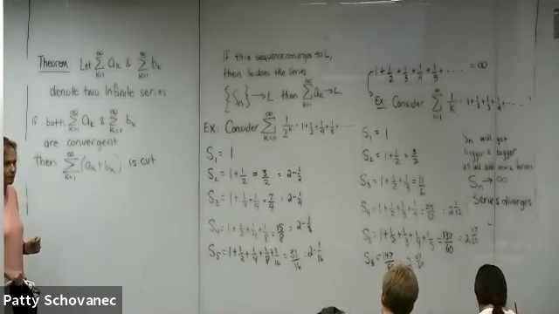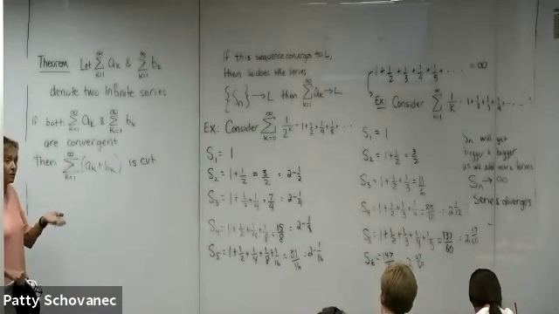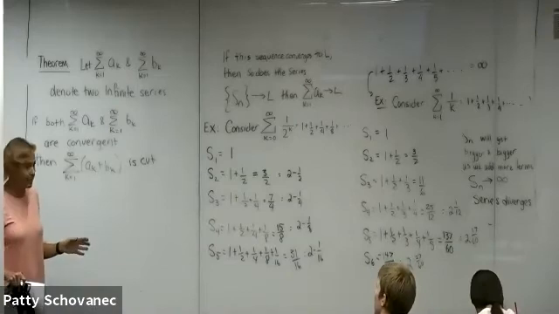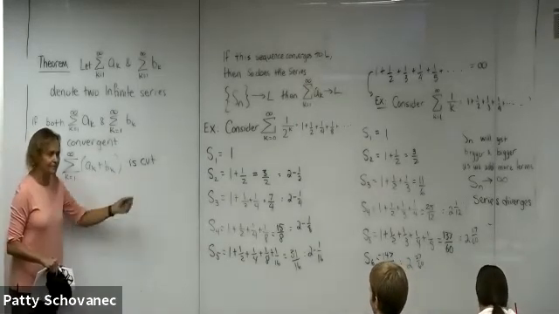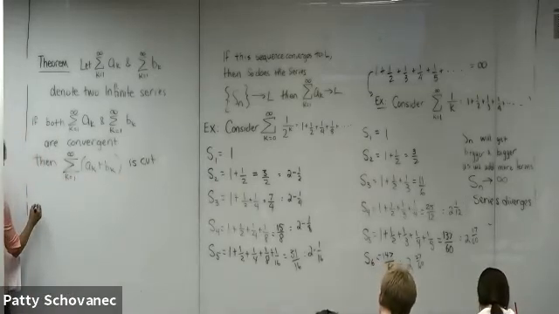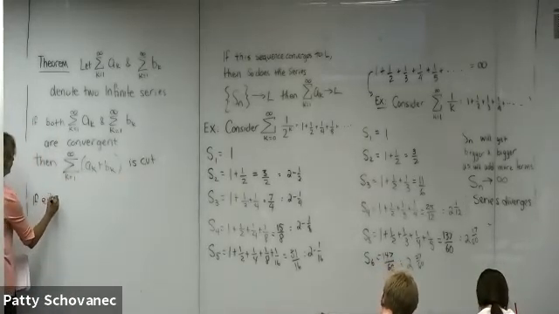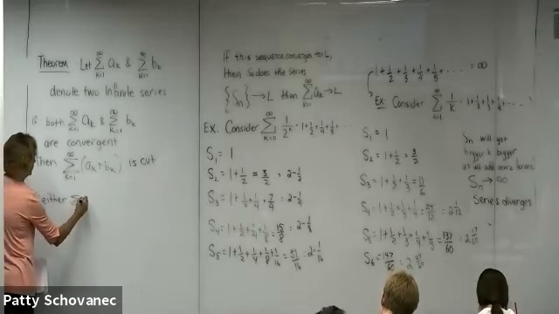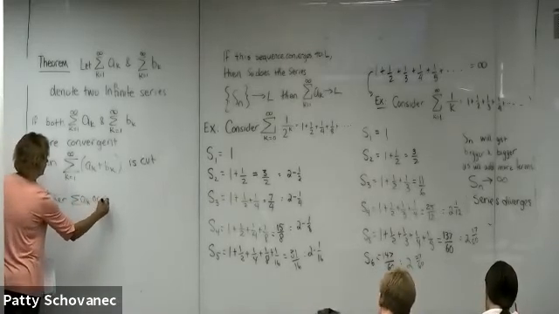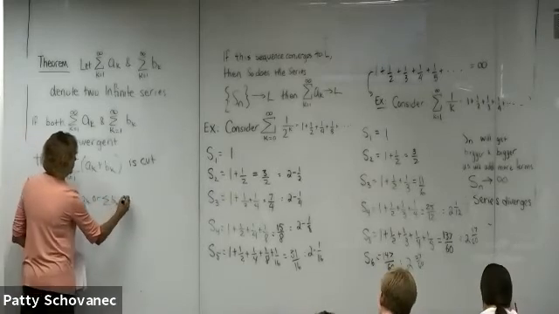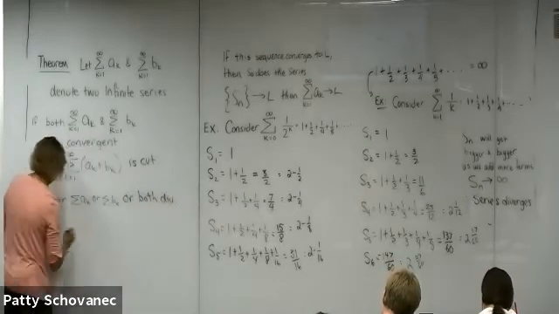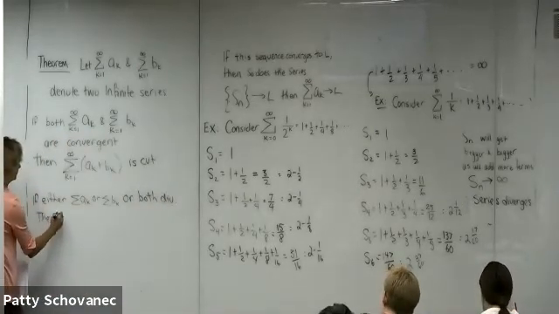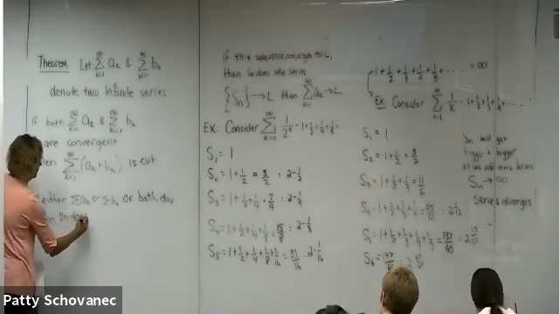It's like when your mama told you that one bad apple is going to spoil the whole bunch. Two bad apples make a bad apple. If either this one or this one or both diverge, so does this one.